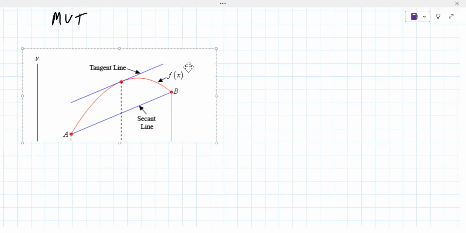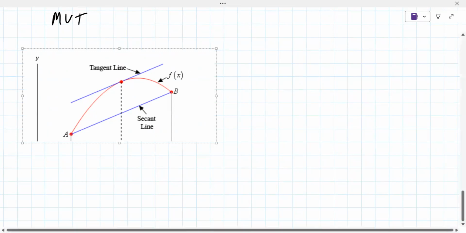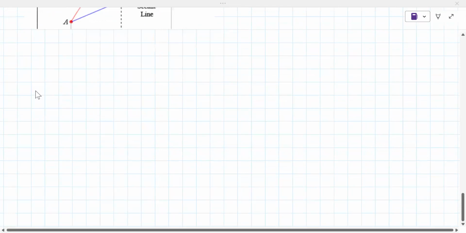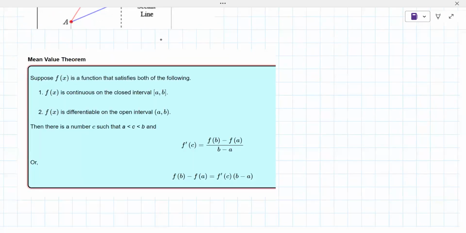So it's essentially the same thing. You end up evaluating the two endpoints, but this time the slope isn't zero. Let me snip this in so you can see it. Continuous, we talked about differentiable. This is the secant slope, and it's the average rate of change.